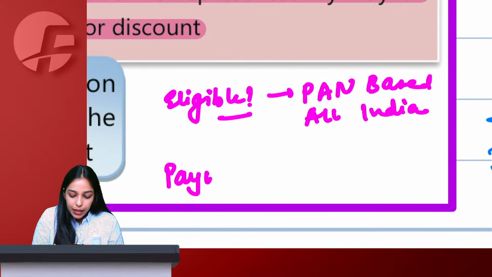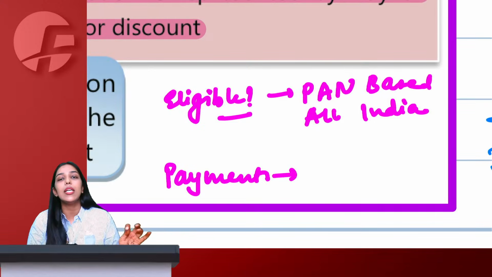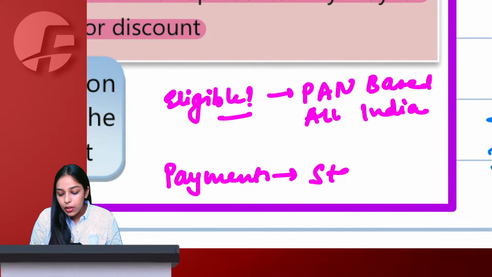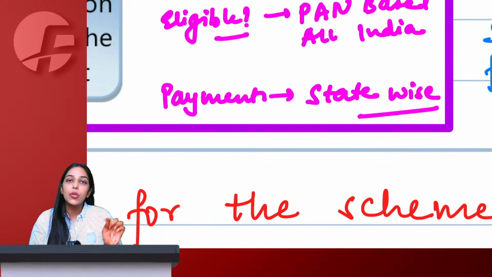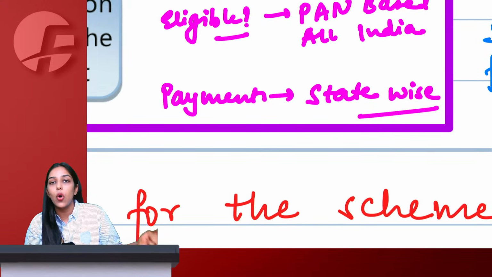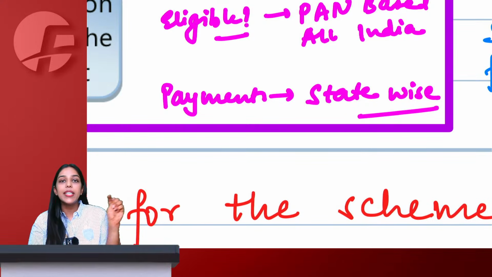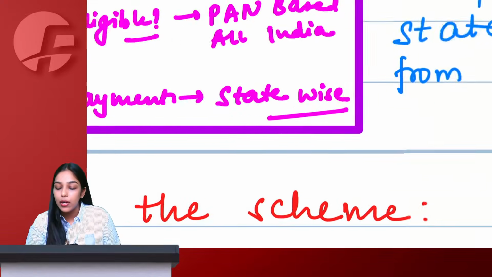But while making payments under composition scheme, you have to make quarterly payments only. So while making such quarterly payments, you will have to calculate your state-wise aggregate turnover. Why? Because in GST, you have to take separate registration in all the states. So in each state, you will have to discharge your liability. Therefore, in each state, what turnover you have done, you will have to calculate and then discharge your liabilities.